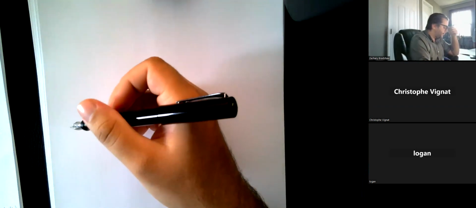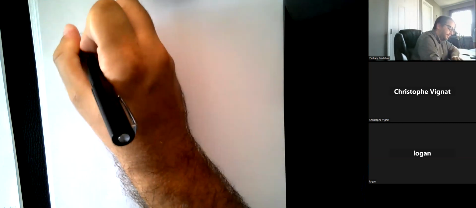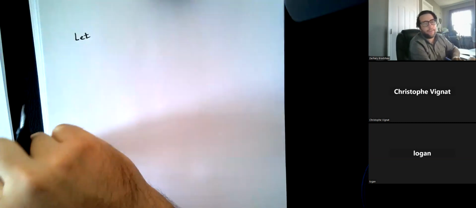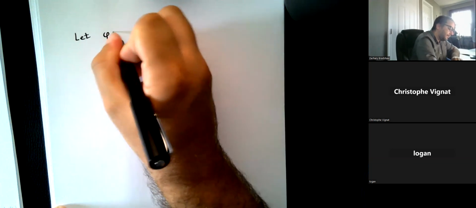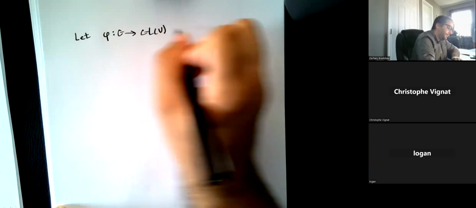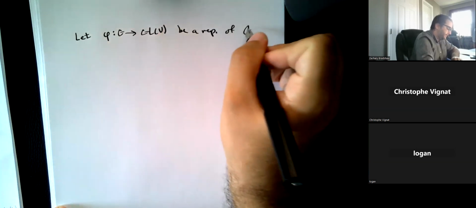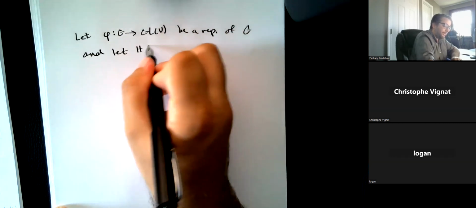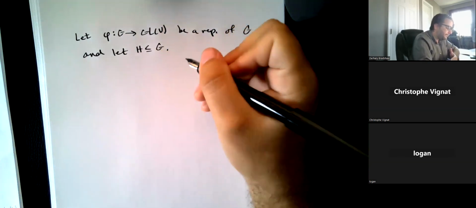Okay, so let's apply this methodology to the theory of representations. So all we've talked about so far is class functions and characters. So let phi be a representation of G, and as usual, let H be a subgroup of G. Then we can restrict phi.